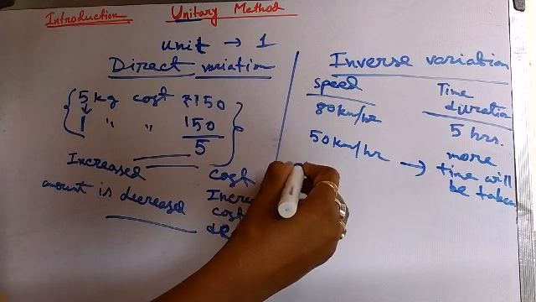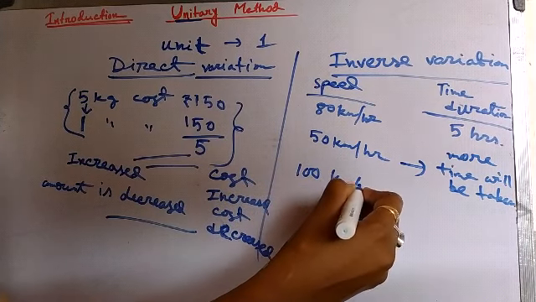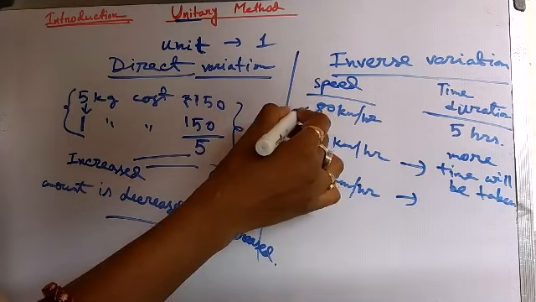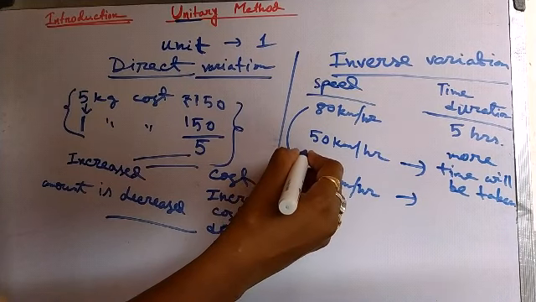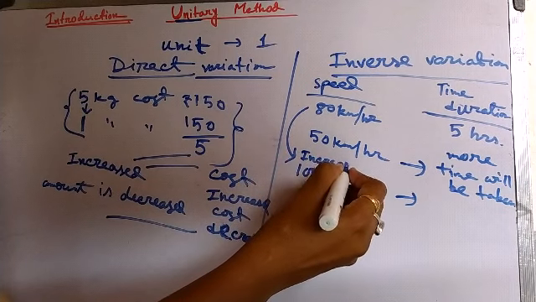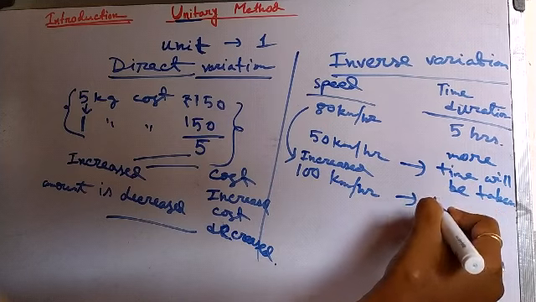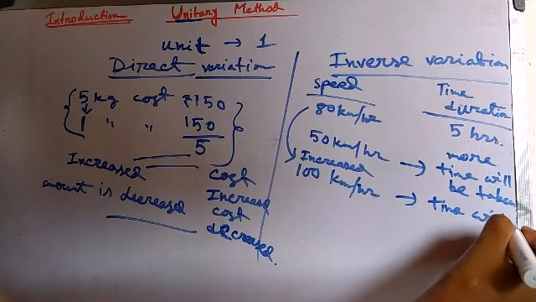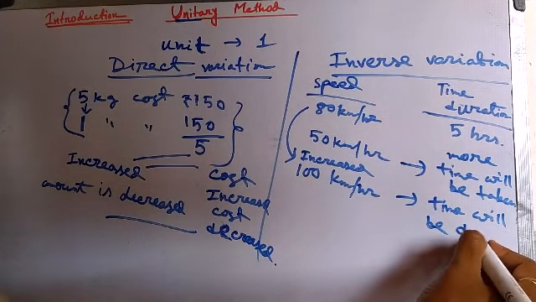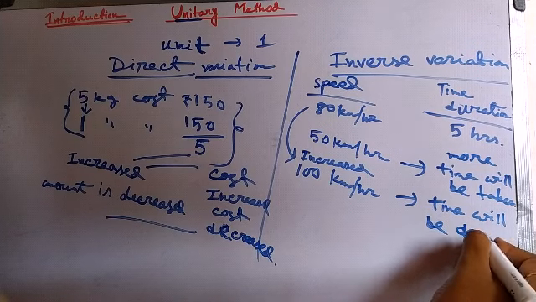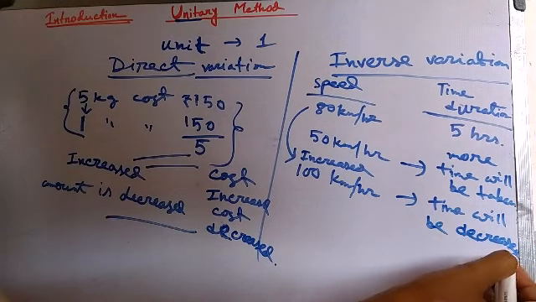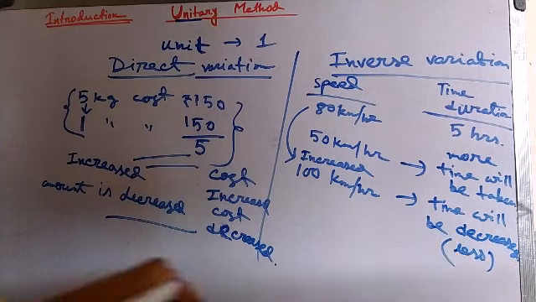If the speed is larger, that means if the speed of the car is 100 km per hour, that is increased from 80, then the timing will be decreased, that means less time will be taken.